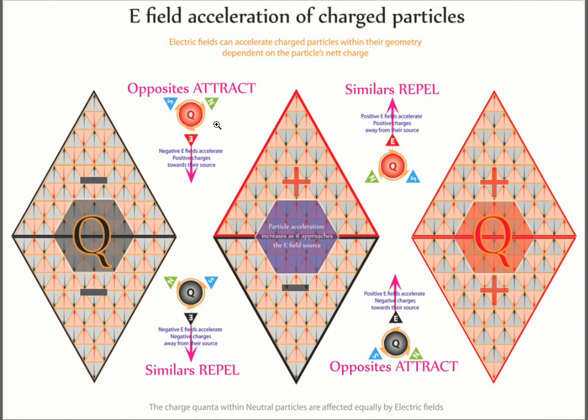In the case of charged particles that move within the E fields of other electrostatic fields, for example, the charged particles that move into the region of influence will be affected by the discrete energy momenta, or the quantized momenta of the fields itself. In this case, we have a negative electrostatic field on the left-hand side.